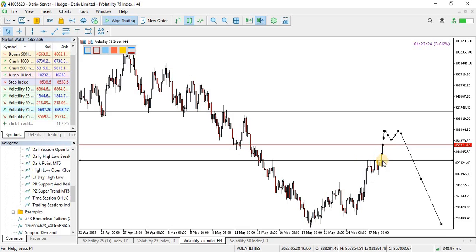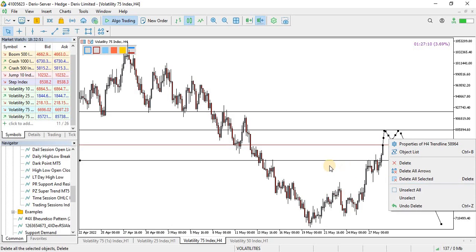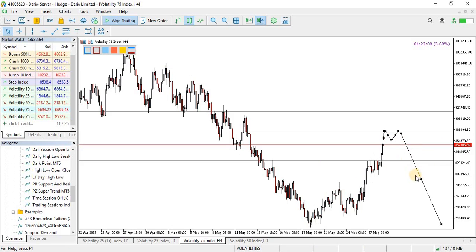The market might come down just a little bit, a quick retest without reaching this area, and then we look for buys. So that's what I'm anticipating right now. That's my analysis on V75.